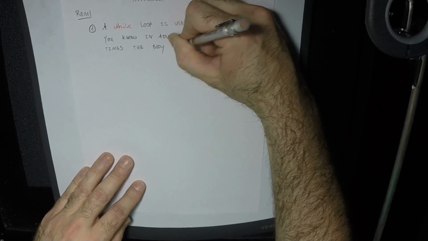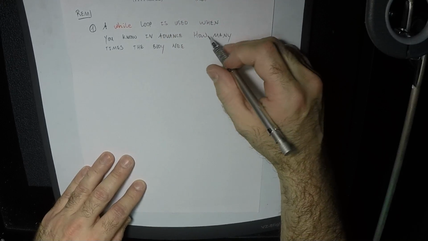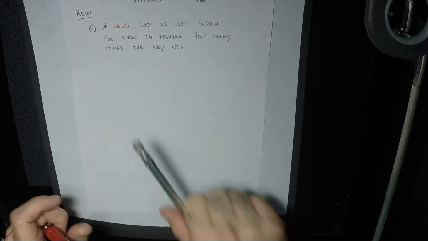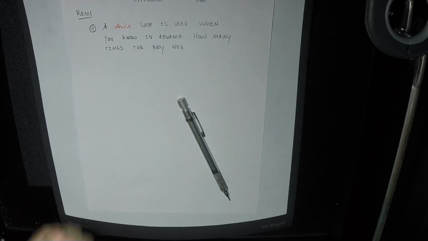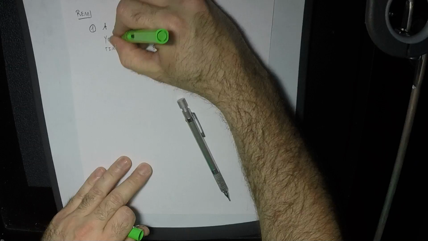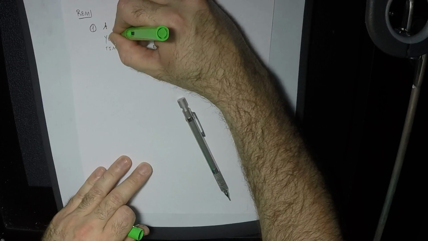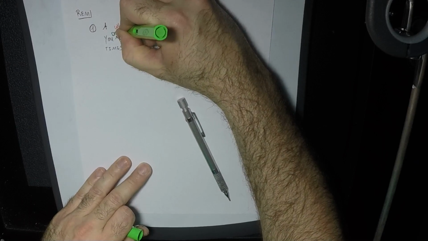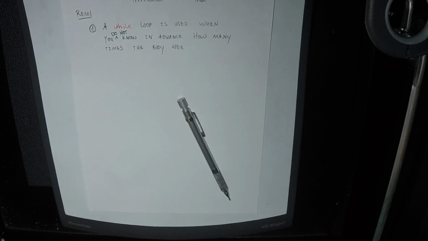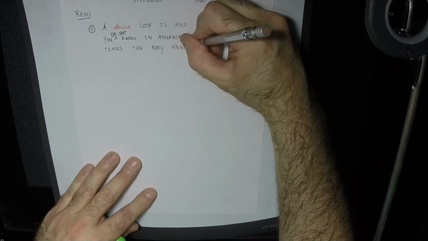Did you say you do not know? You do not. When you, and I said it, but then I didn't write it. When you do not know how many times the body needs to be executed.